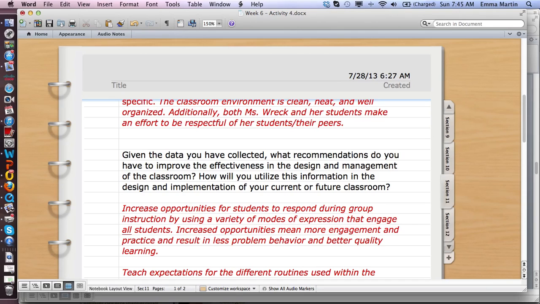So instead of one student responding, all 24 are, which means they're practicing and they're learning the responses that are required.